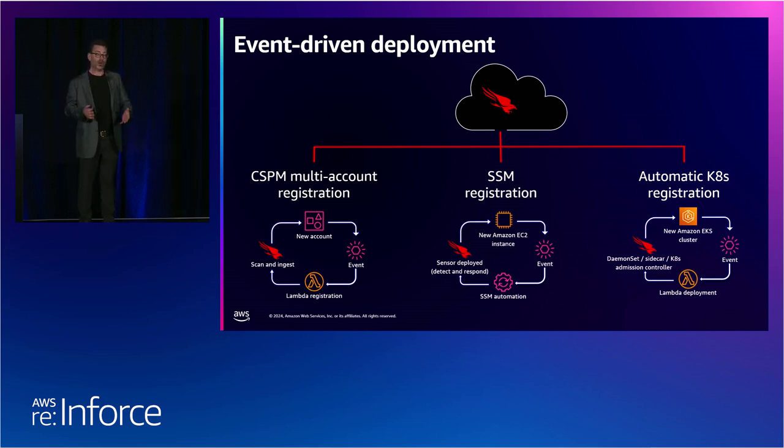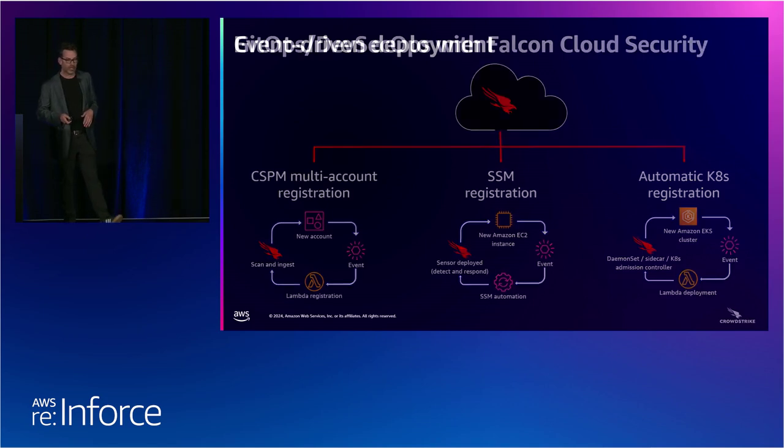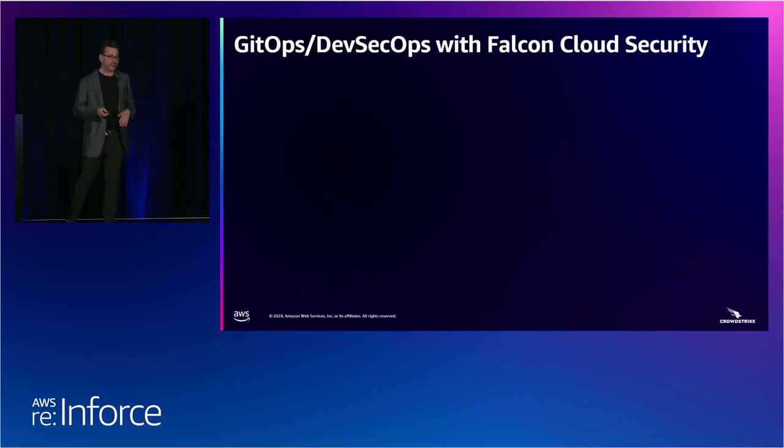You do it once. You don't have to rerun this for every new account. That all happens in the background. So again, making it easy, making your security deployment scale automatically and deploy automatically as you grow in the cloud is essential to make sure that you are covered and secure as you grow in your cloud journey.